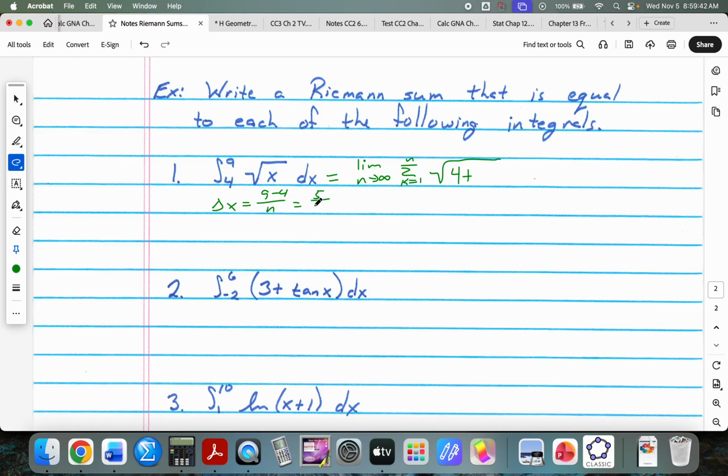So that's 5 over n. So it's going to be 5 over n times k, or you'll also see it written as 5k over n. Same thing. Times, that's the height of my rectangle in a Riemann sum, times the width, which is 5 over n.